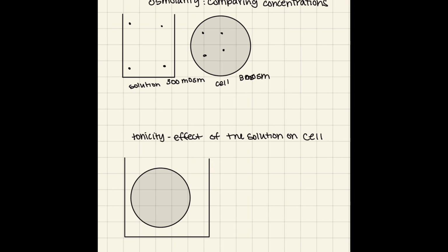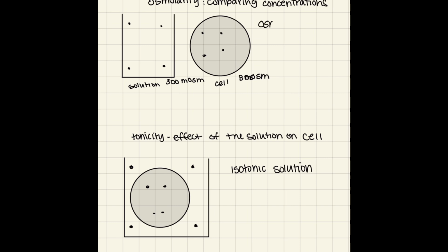When we put them together, we have 4 dots in the solution, representing 300 milliosmol, and 4 dots in the cell. So there would be no net movement, which would be an isotonic solution. Since these 4 dots are also equal in the osmolarity, it would be an isoosmotic solution.